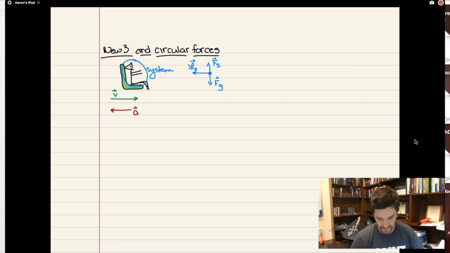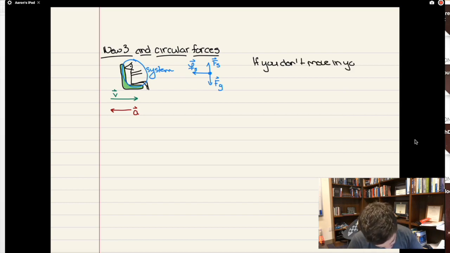And if you don't move, and by don't move, I mean don't move in your seat, then that's saying something about the amount of friction that is being exerted.